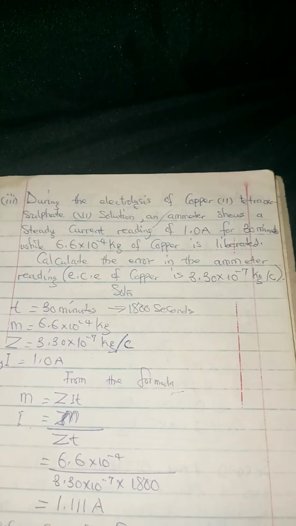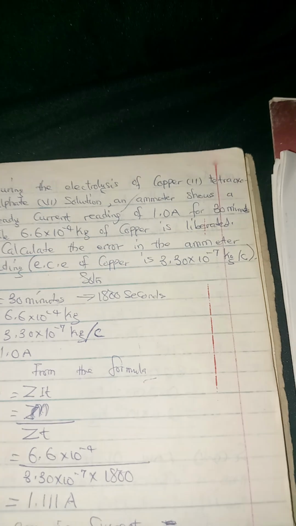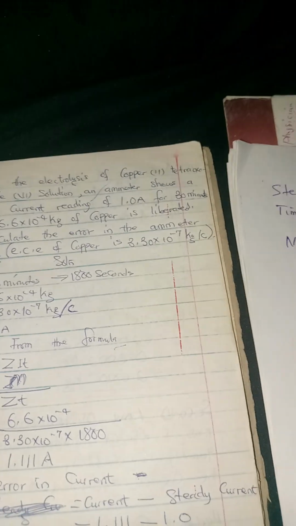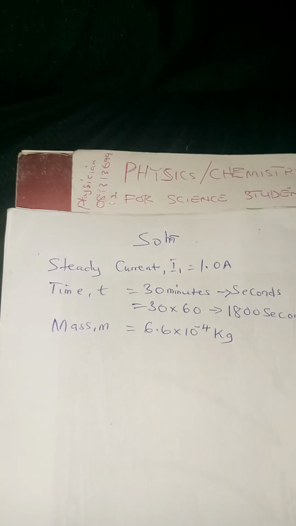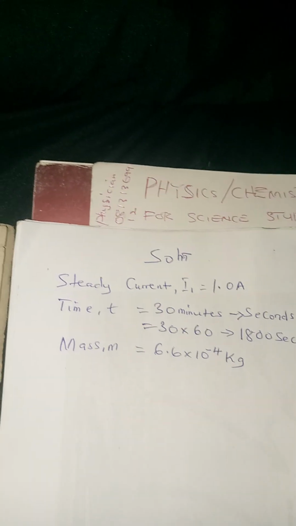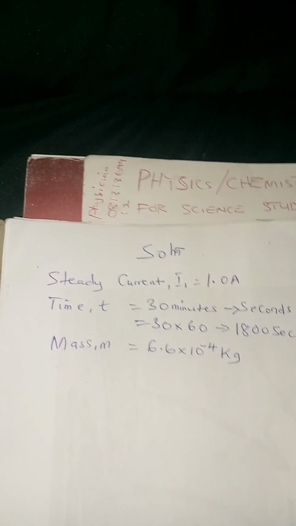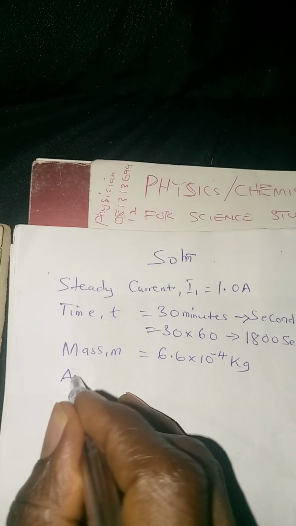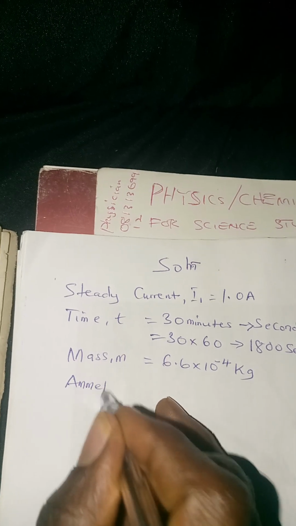So let's keep interpreting. They say calculate the error in the ammeter reading. When you hear ammeter, it points to current. Before even thinking of calculating the error in the ammeter reading, you have to calculate the ammeter reading first. Ammeter reading points to current.